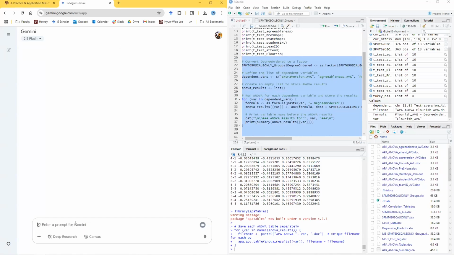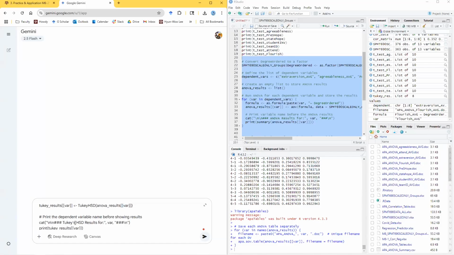Below is the ANOVA command that I ran in R. Can you modify the Tukey test command to show only post hoc tests for significant differences?